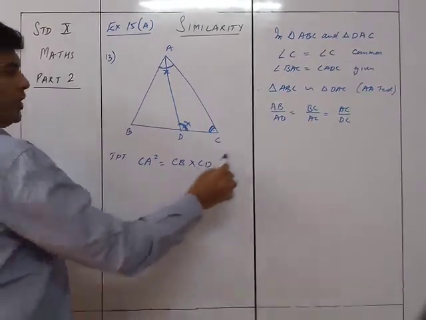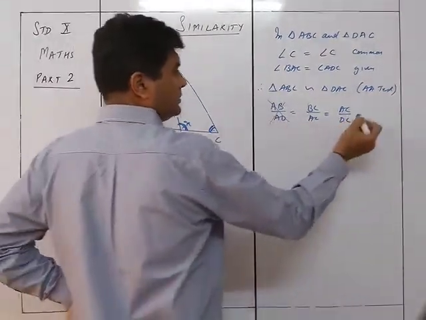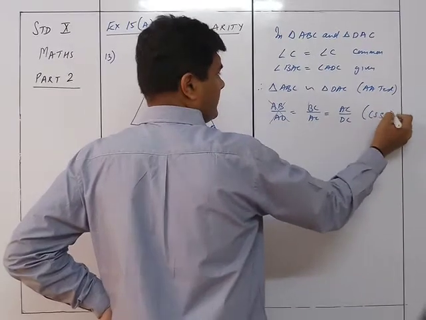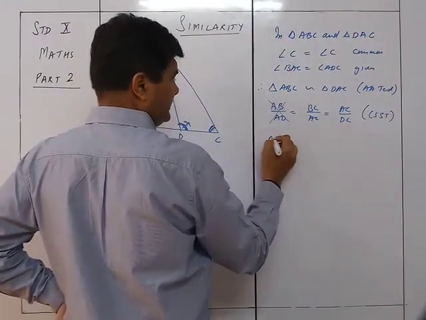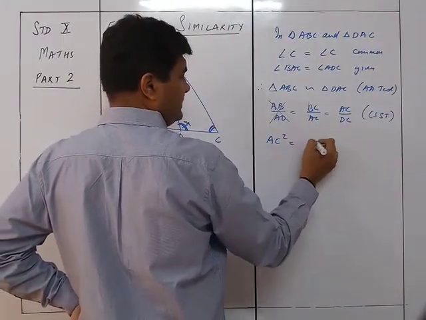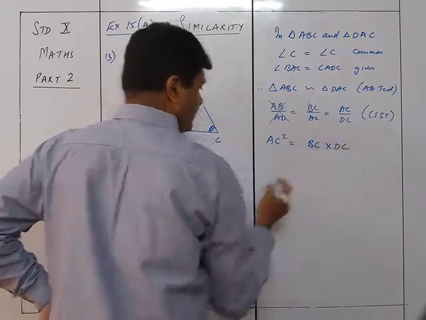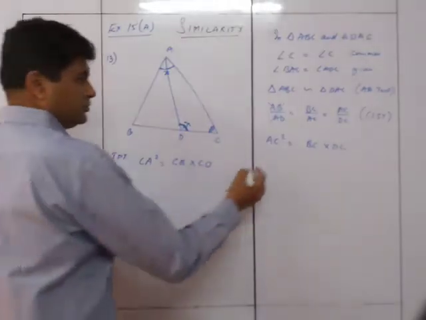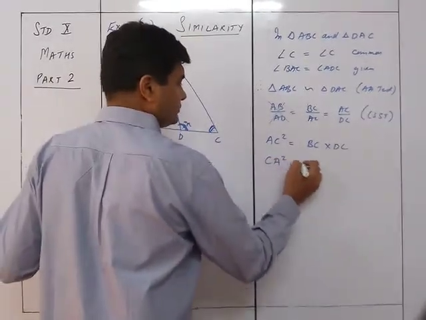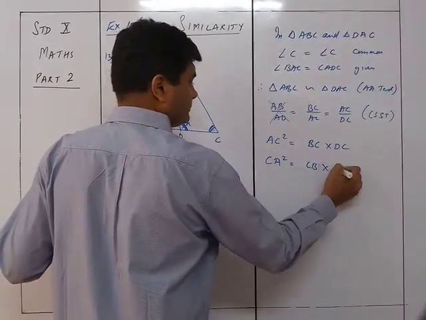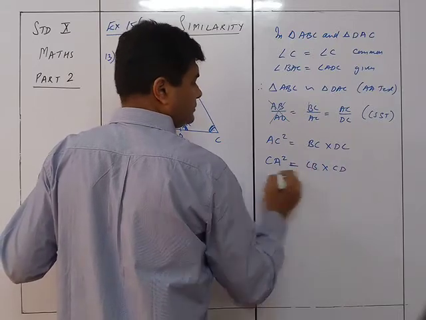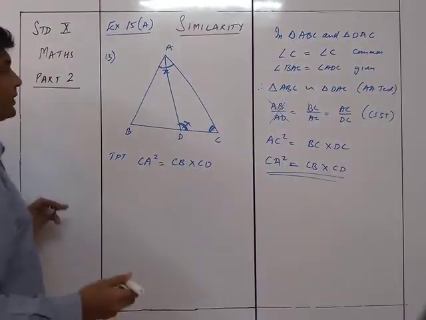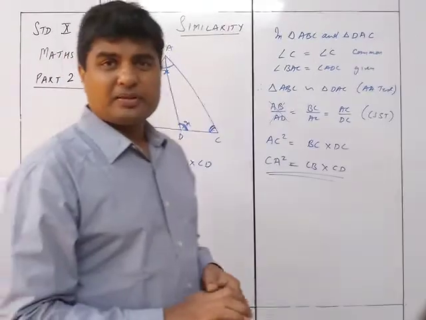So we don't want this part. This is CSST. Cross multiply, you get AC square is equal to BC into DC. That is exactly what we wanted. So if you want, you can write it again. Hence proved. Okay, that was sum number 13.